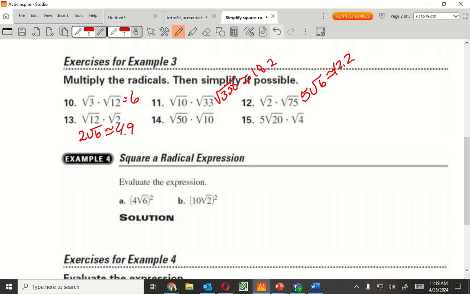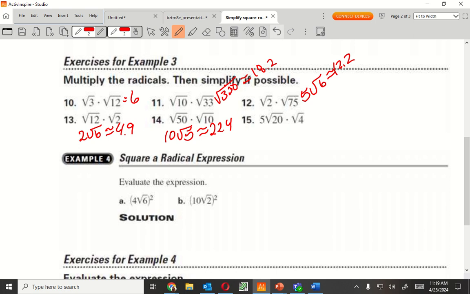Okay. Next one is going to be 10 rad 5. Okay, and that's going to be 20 what? 22. Dang.